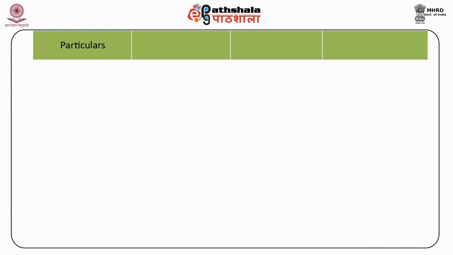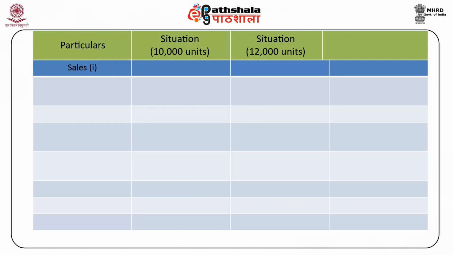We shall consider two situations. The existing situation having sales of 10,000 units and the proposed situation having 12,000 units. Thus, the total sales is Rs 50,000 and Rs 56,000 respectively.